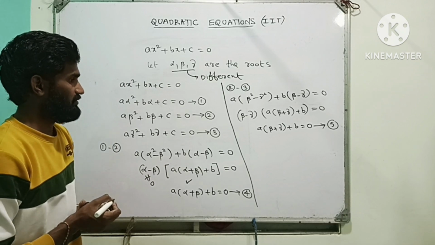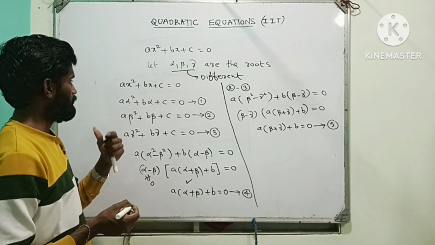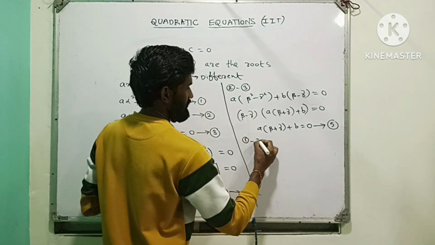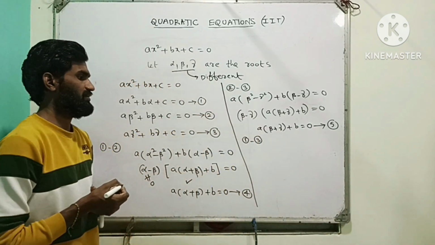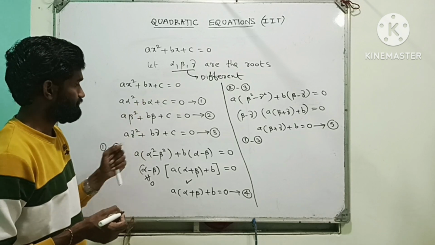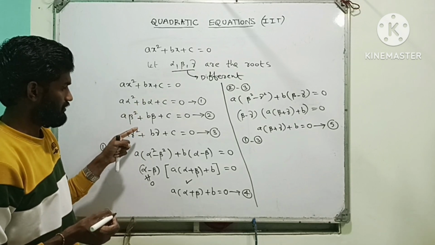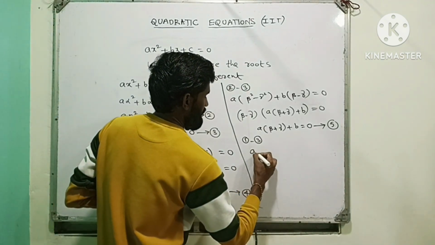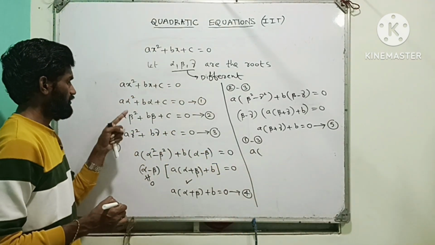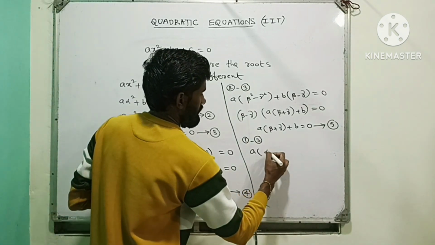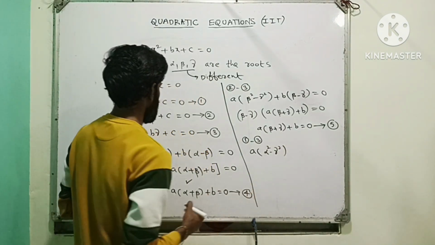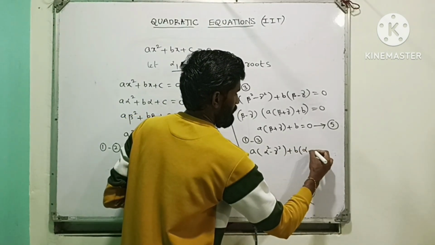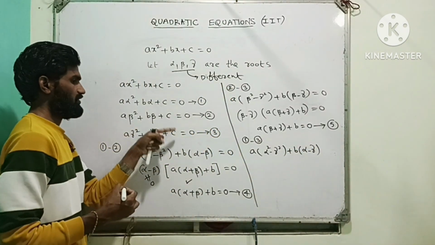Now we are going to do 1 minus 3. Let us see what will happen. If I take a common, a into alpha² minus gamma² plus b into alpha minus gamma, which is equal to 0.